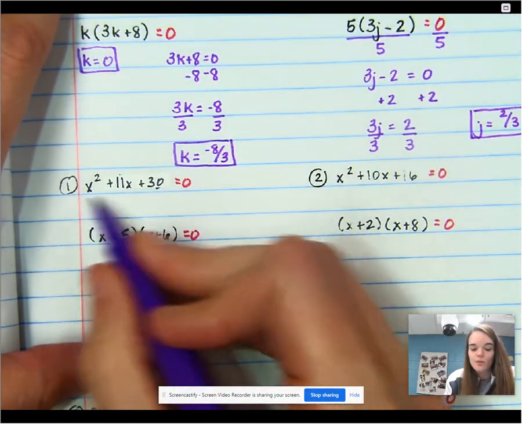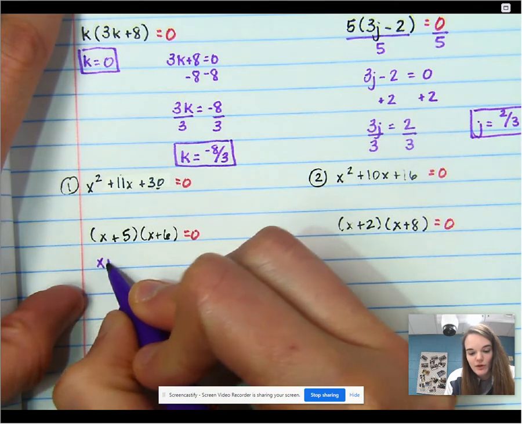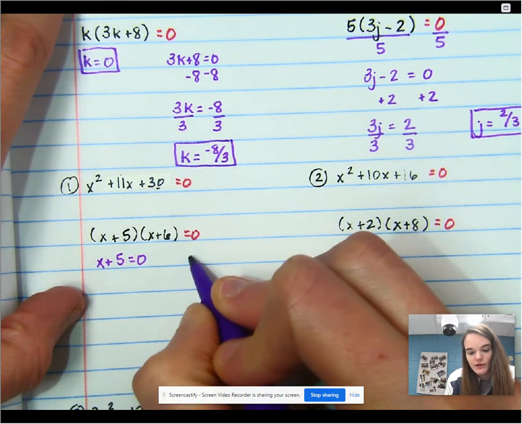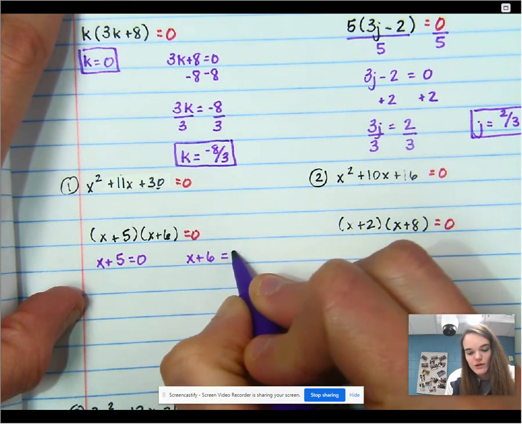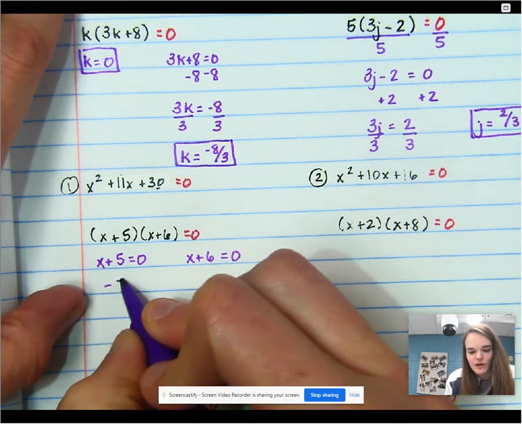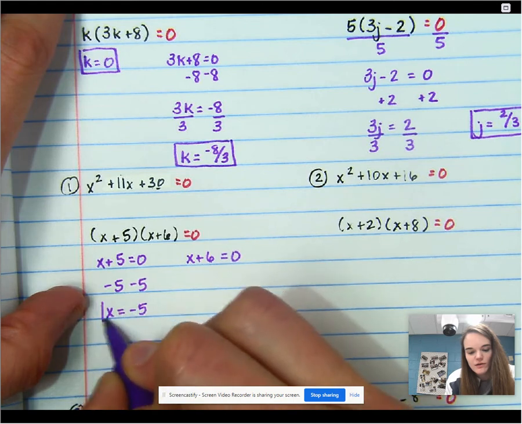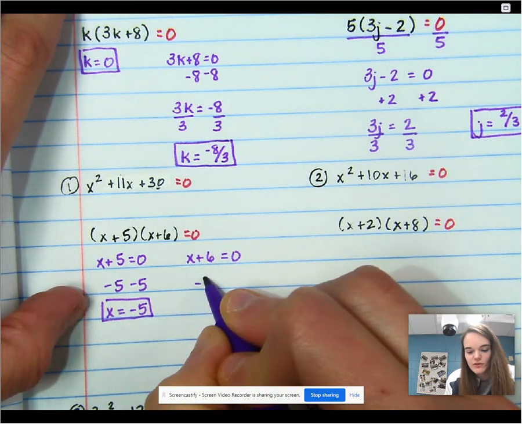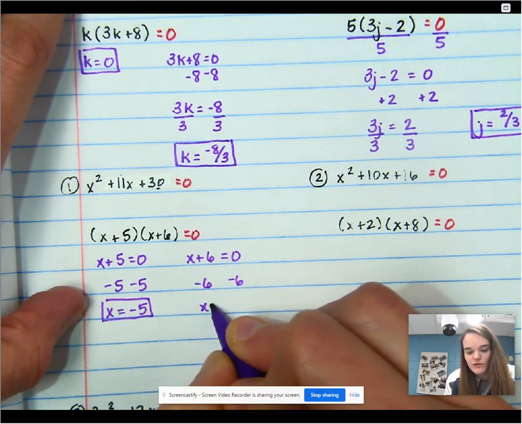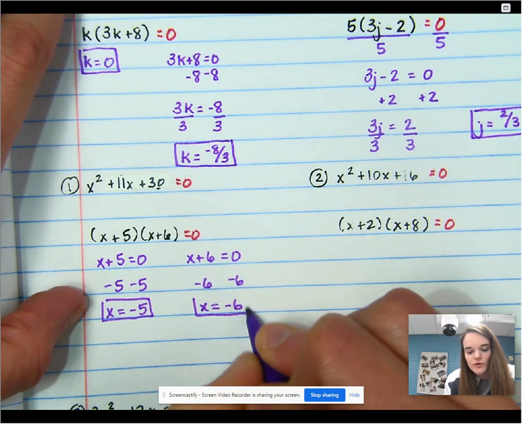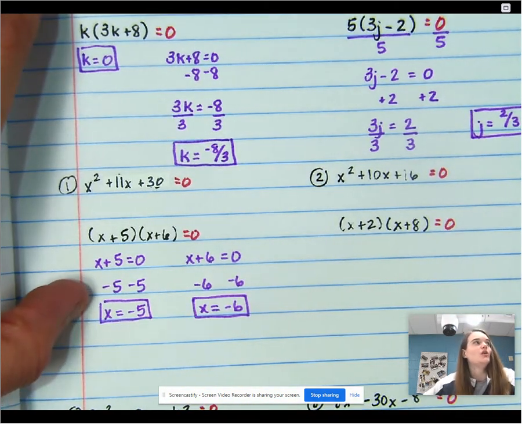Okay. Number 1. x plus 5 equals 0. x plus 6 equals 0. Subtract 5. x equals negative 5. Subtract 6. x equals negative 6. It's important for you to realize whether it says solve or factor.